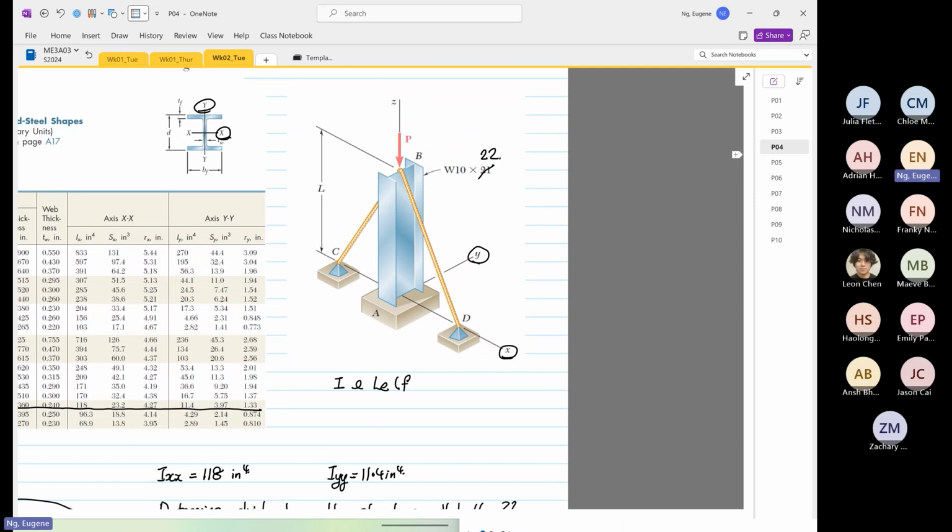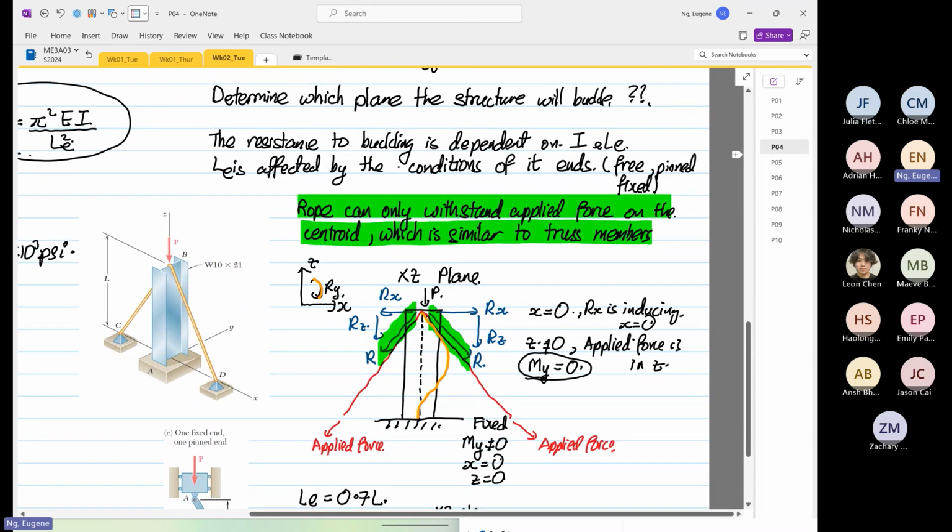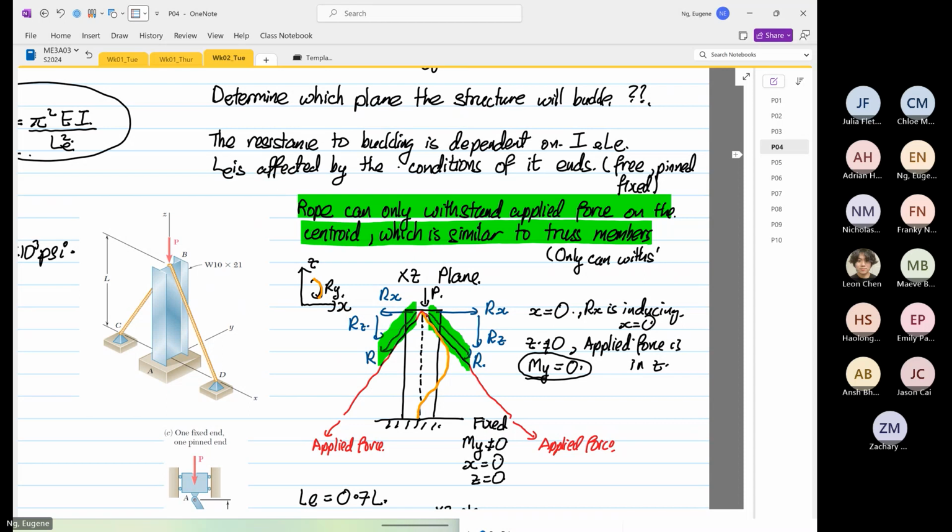LE is a function of how the ends are fixed. Then over here, it's not so obvious. We just learned that the truss member can only withstand axial forces.